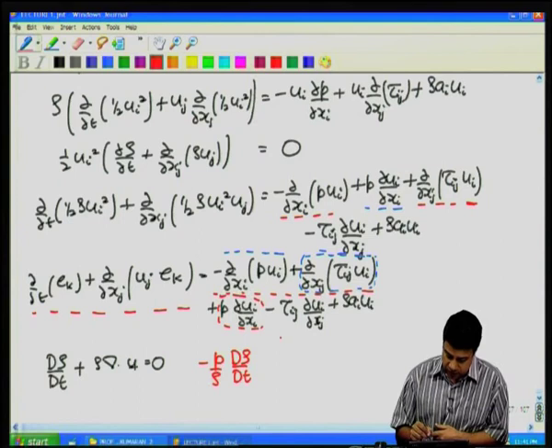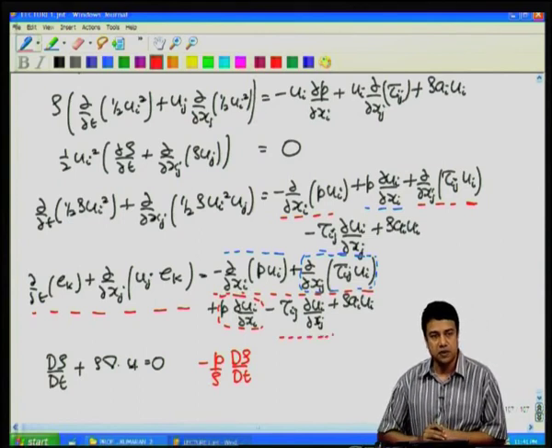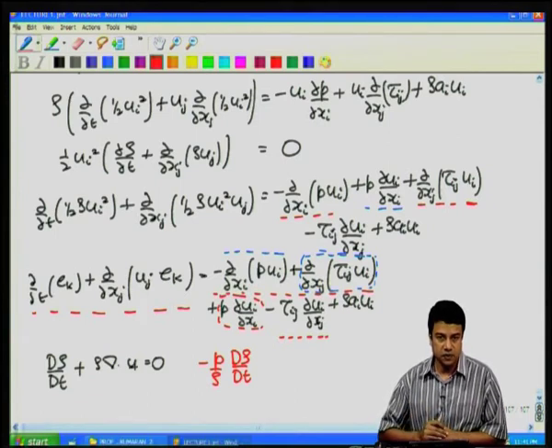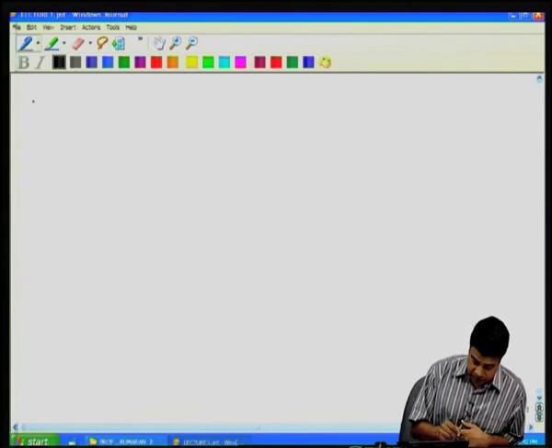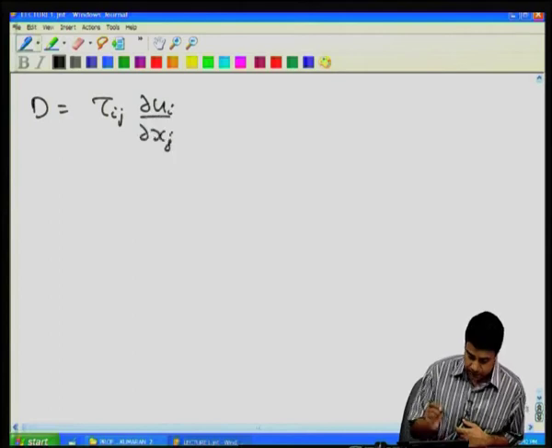This final term is called an irreversible work, and this is the cause for heating within a fluid due to viscous friction. You can show in general that this term always has to be positive. That is, the viscous dissipation of energy is equal to tau_ij partial u_i by partial x_j.